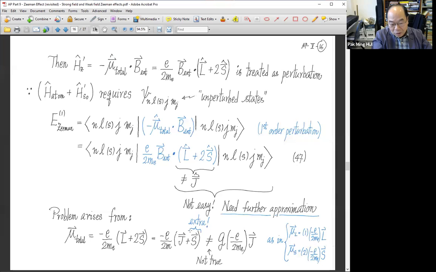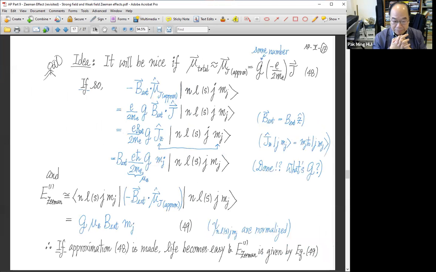How about we project this S along J to take that particular part? Then we are not completely ignoring the extra S. We keep some of the effect of this extra S. So that is the idea.